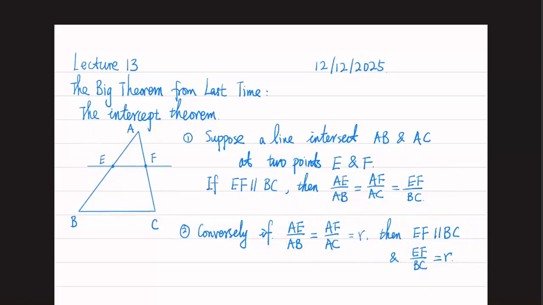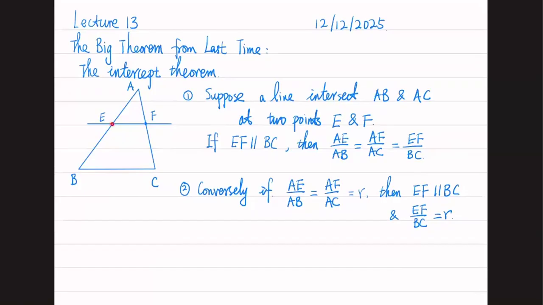A particular case is what we proved for the midpoint theorem. If E is the midpoint, we draw a parallel line, then F is also the midpoint, and EF is half of BC. Okay.